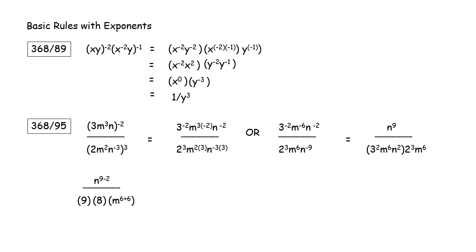Then we can combine the bases m, which have exponents 6 and 6, so we can add them. And then finally, to do the arithmetic, we'll have on the numerator n to the 7th, and on the denominator we'll have 72 m to the 12th.